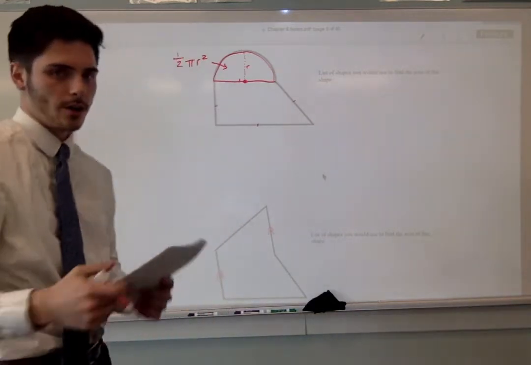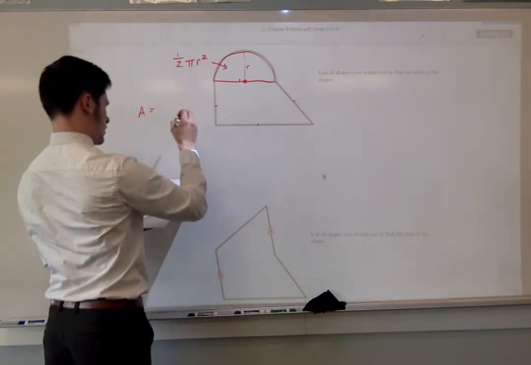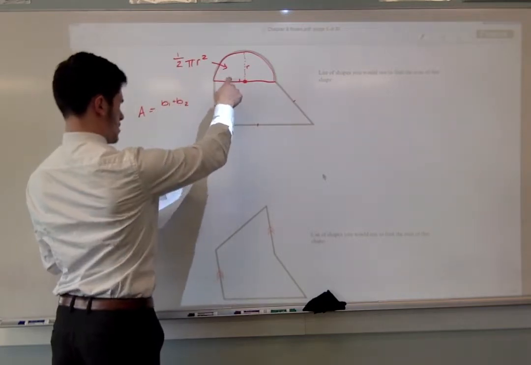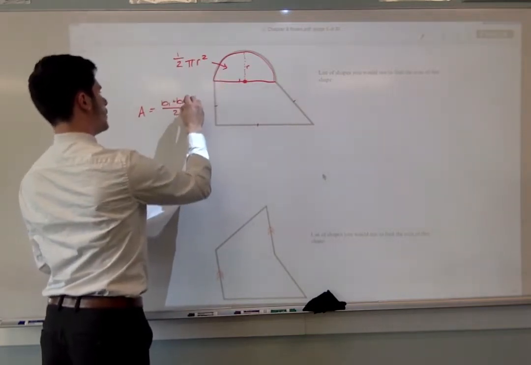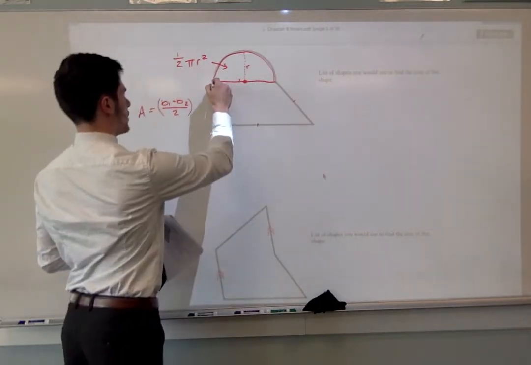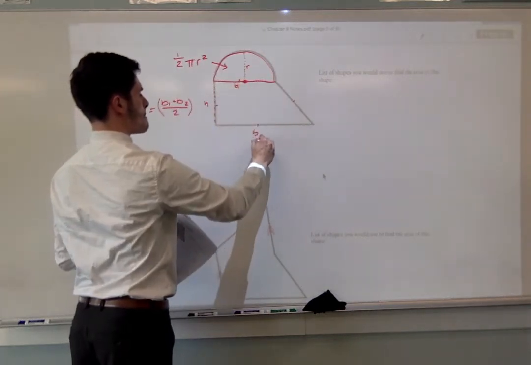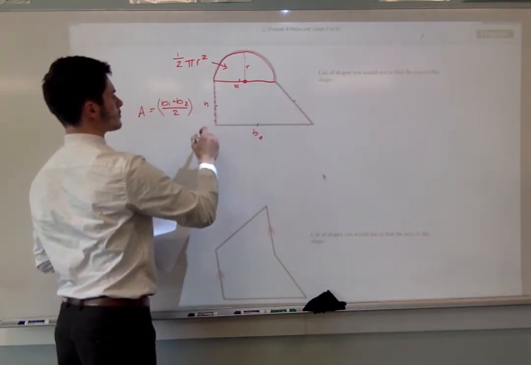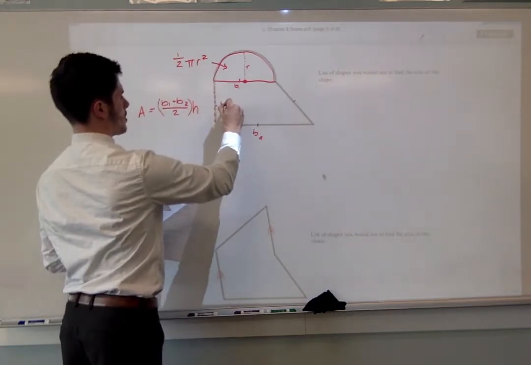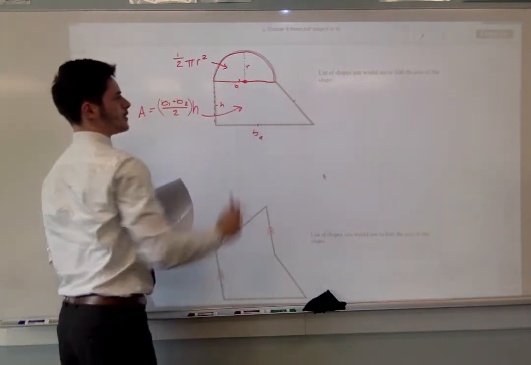So the trapezoid area, like we found, was base 1 plus base 2, right? Divided by 2, because it's like we're finding the average between them, and then multiplying by h. So here's our area for this whole thing.